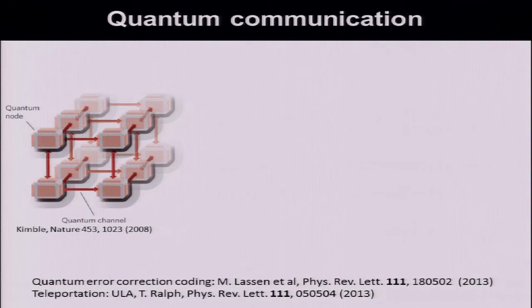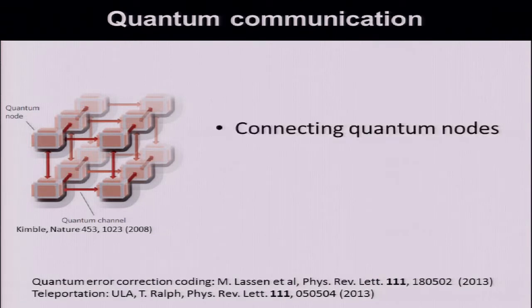So I should mention that quantum communication can be used in different directions. It's a means of connecting quantum nodes, like shown here, where these different nodes could be quantum computers, and you want to connect these different quantum computers, and this can only be done by conveying quantum states. So this is quantum communication.